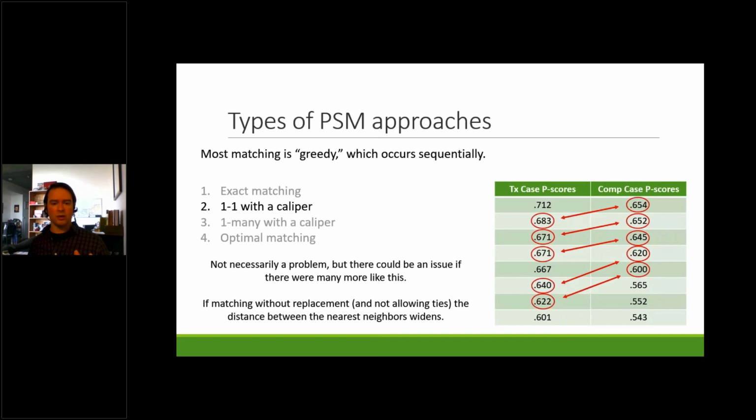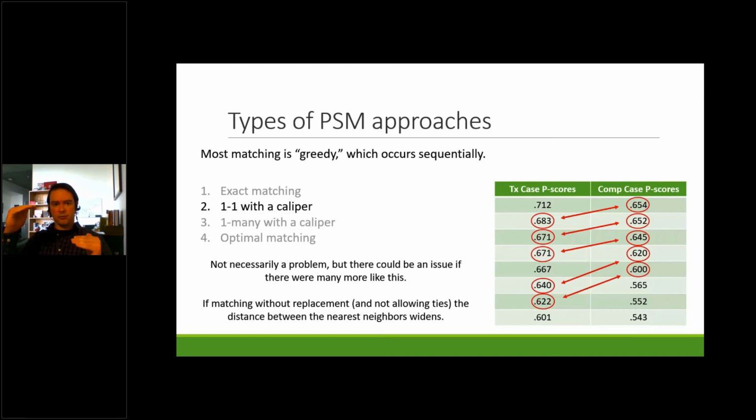So the no replacement and not allowing ties begins to widen the distance between the nearest neighbors, especially towards the end of the block. So once the program starts trying to find the closest matches, it identifies the closest matches, pulls them out of the sample, especially if it's without replacement, and then whatever's left gets assessed for another match.